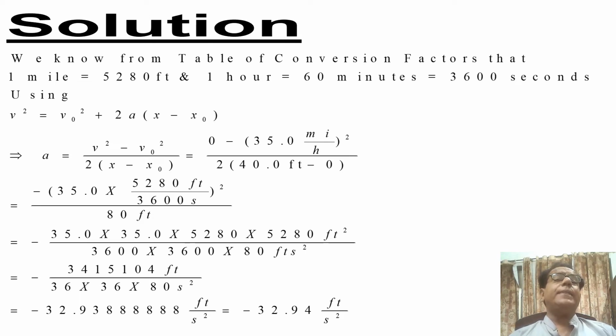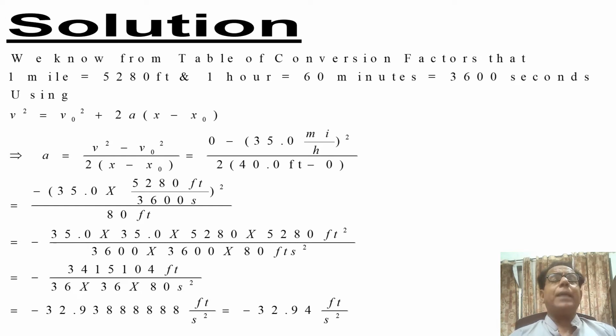Dear students, in the last slide of this module, we will discuss this equation. In our previous modules, we have discussed these 5 equations repeatedly. Here sometimes instead of v and v naught we may use vf and vi.